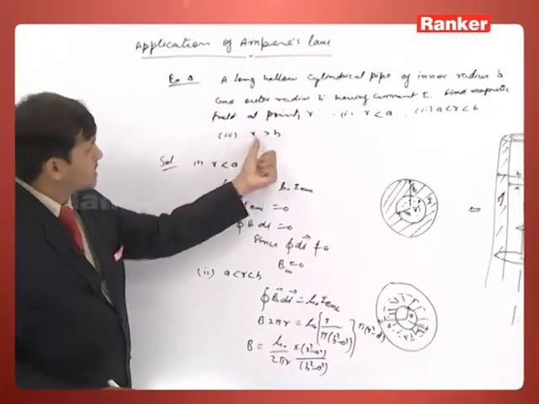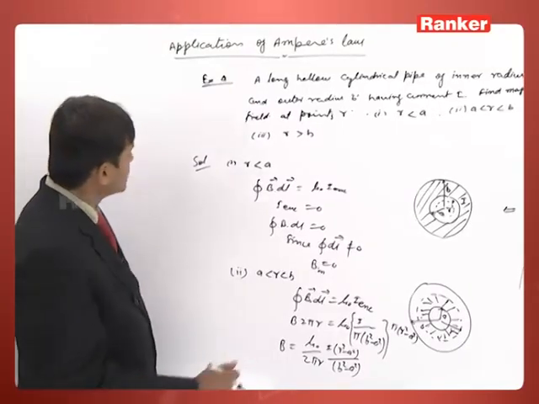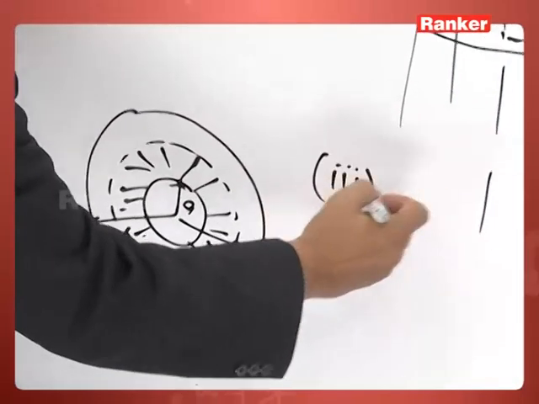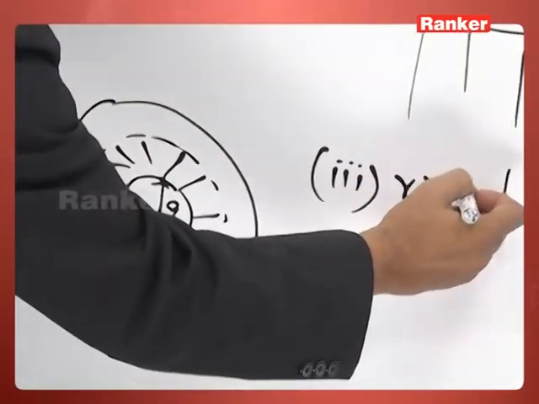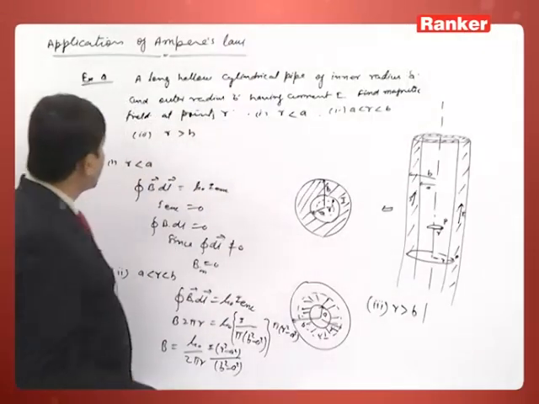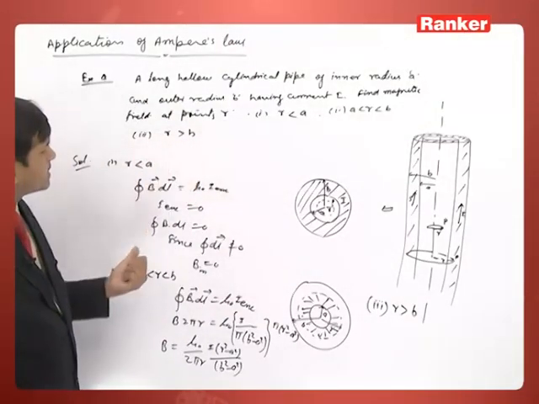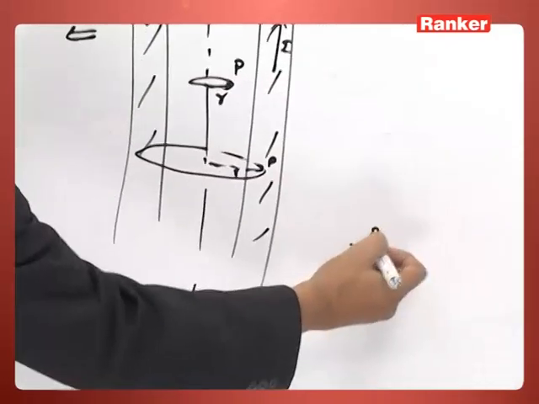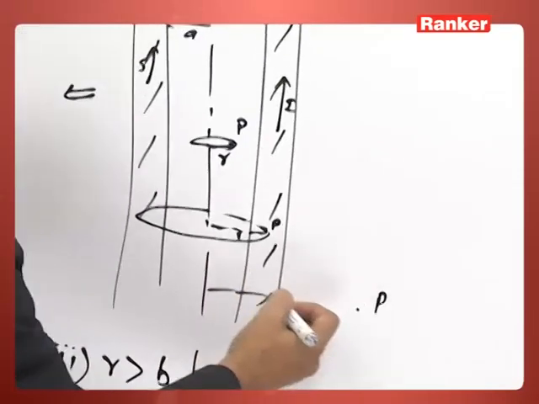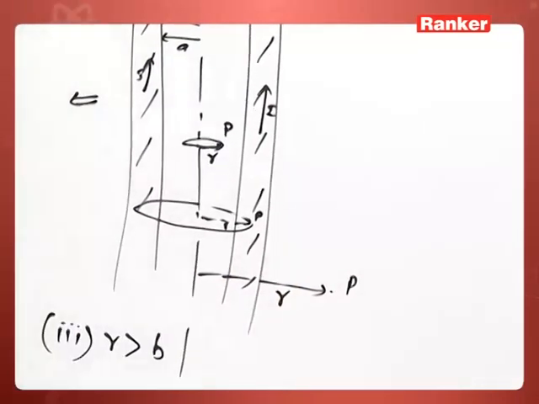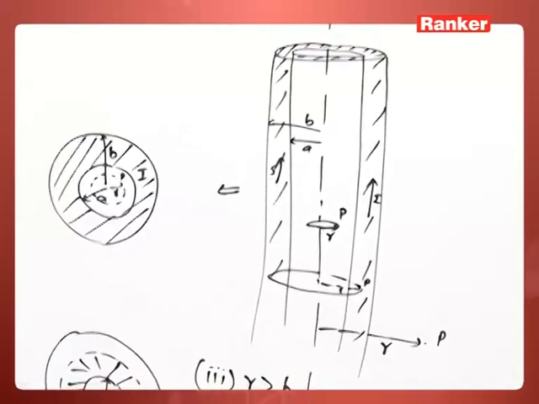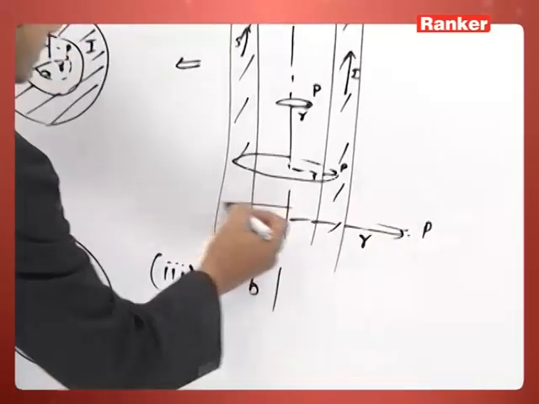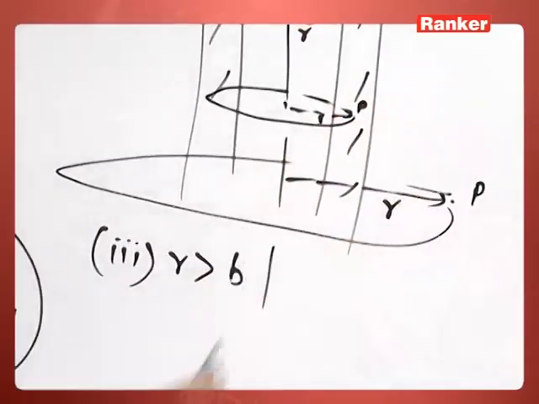Now the third part: when R is greater than B, our point is somewhere here, at distance R from the axis of the conductor. For this, the Amperian loop will be like this.